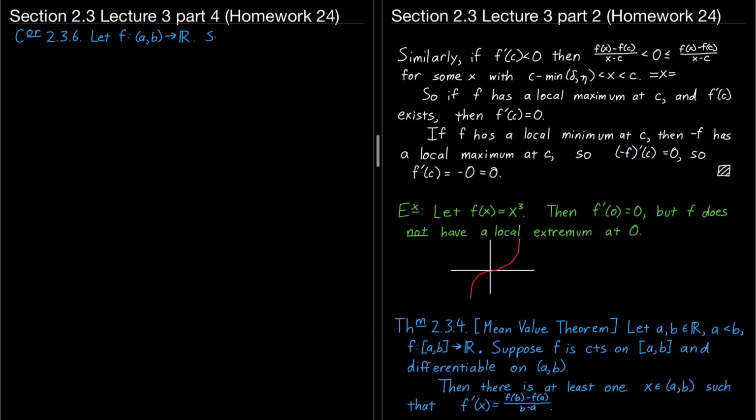And let's suppose f prime of x equals 0 for all points x in our interval. And when I write that, I mean f is differentiable and the derivative has the value we wrote down. And the result is that f is constant.